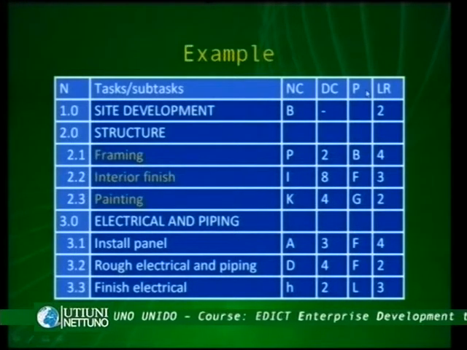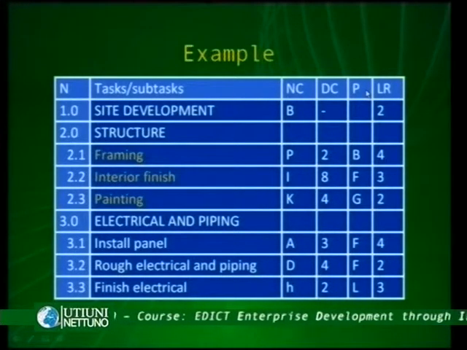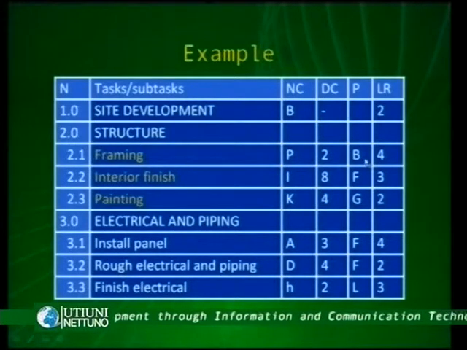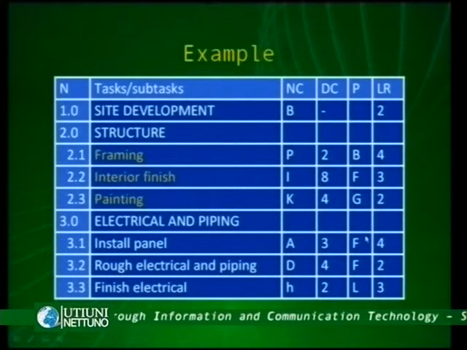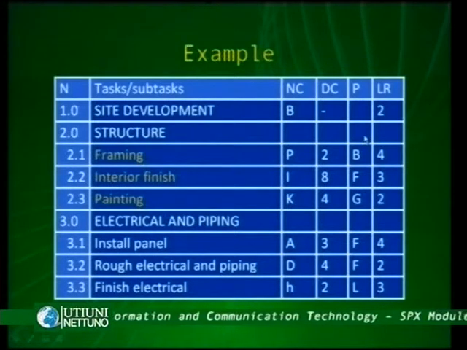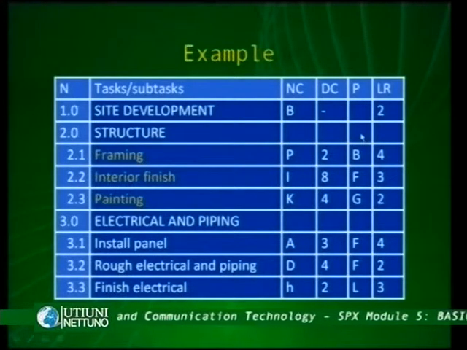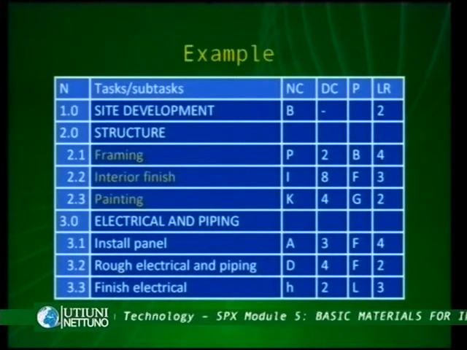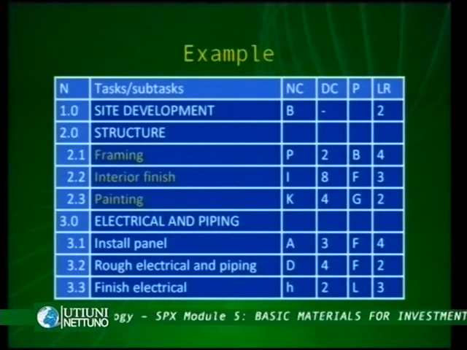Then we have the precedence, or conversely, the priority of these activities. So we have some codes here, B, F, G, and other letters, showing the level of precedence that these subtasks might have within the work breakdown structure.